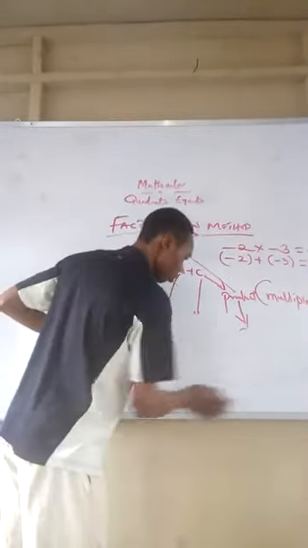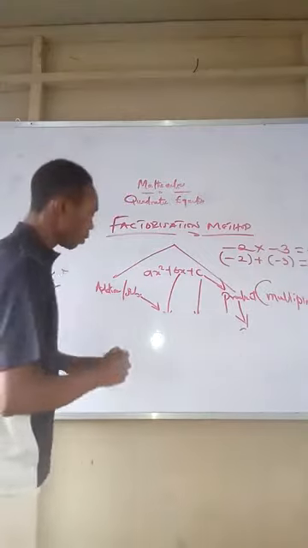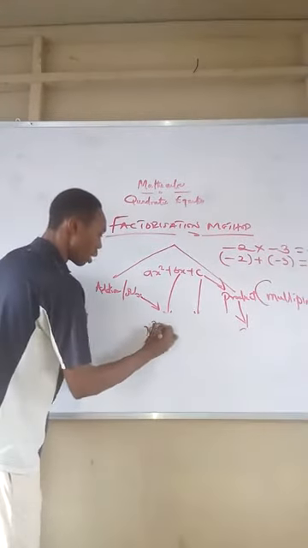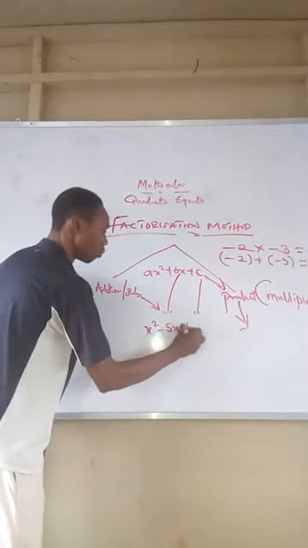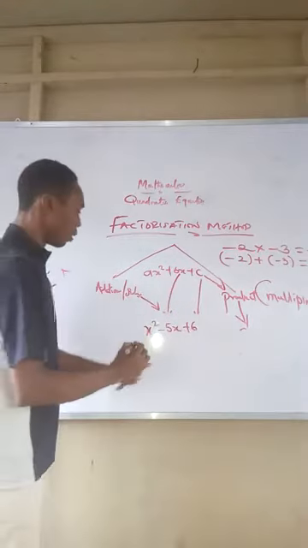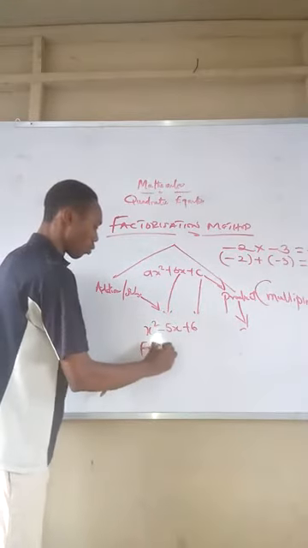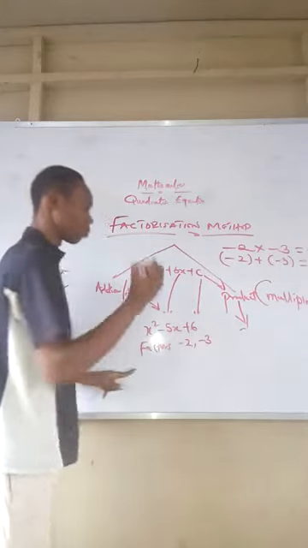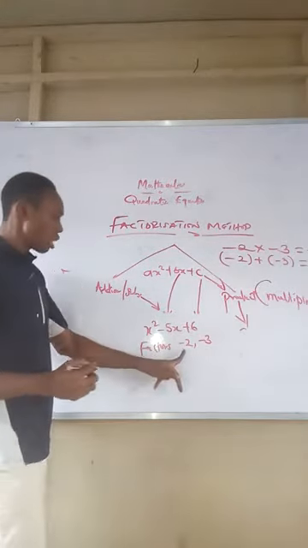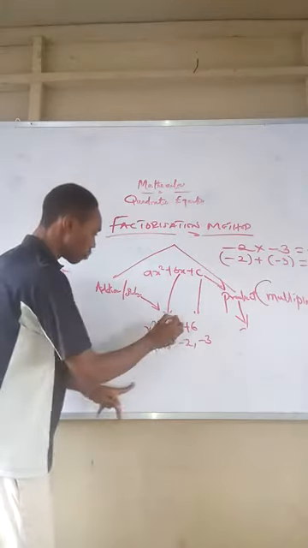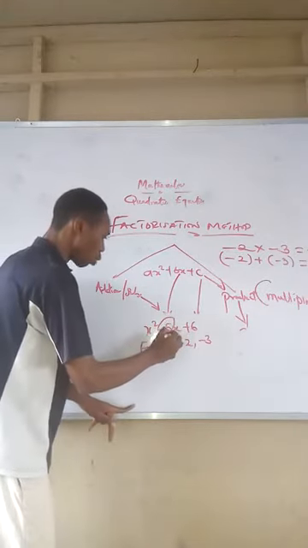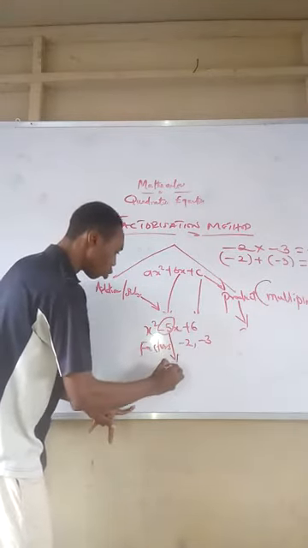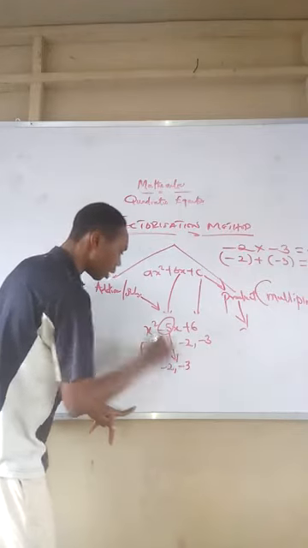We can now solve this question, x squared minus 5x plus 6. We have seen the factors to be -2 and -3. Now, since the factors are -2 and -3, you see this -5, we are going to change it to -2 and -3.